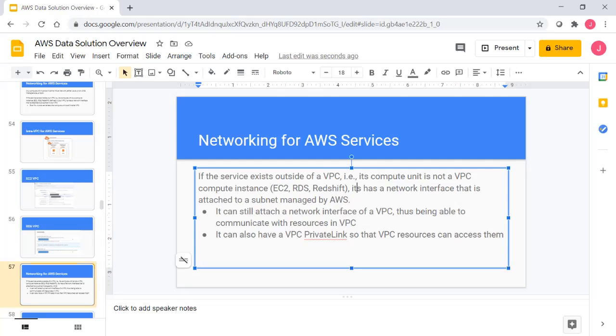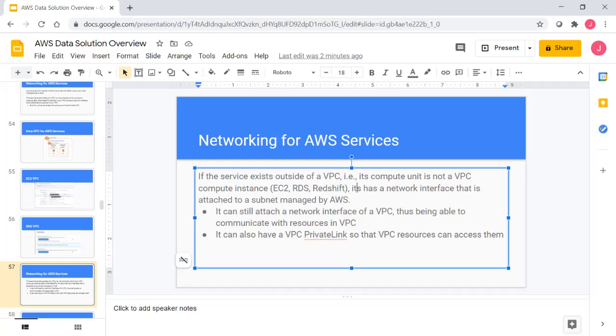DynamoDB is not defined in your VPC, but it is still somewhere in the network. Otherwise, how would you be able to connect to it and run a query or an insert against it, right? It must be somewhere in the network, and that somewhere is the network managed by AWS.